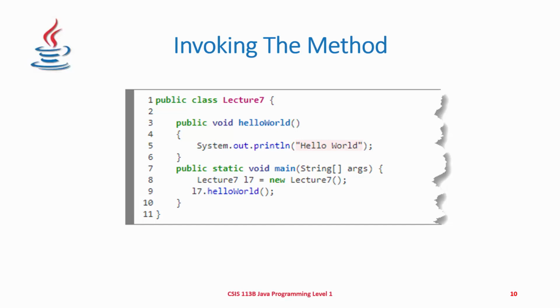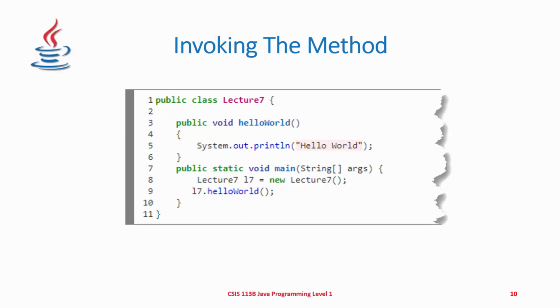Now that we have that instance, we can reference the method. We can call the method that we built in our class by using the instance name of the class that we just generated, so L7, followed by a dot, and then the name of the method that we want to have run, which is helloWorld.